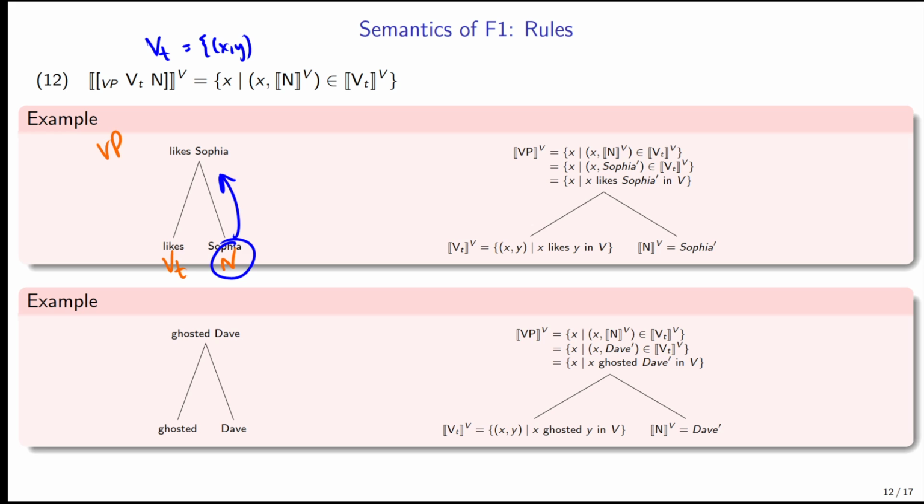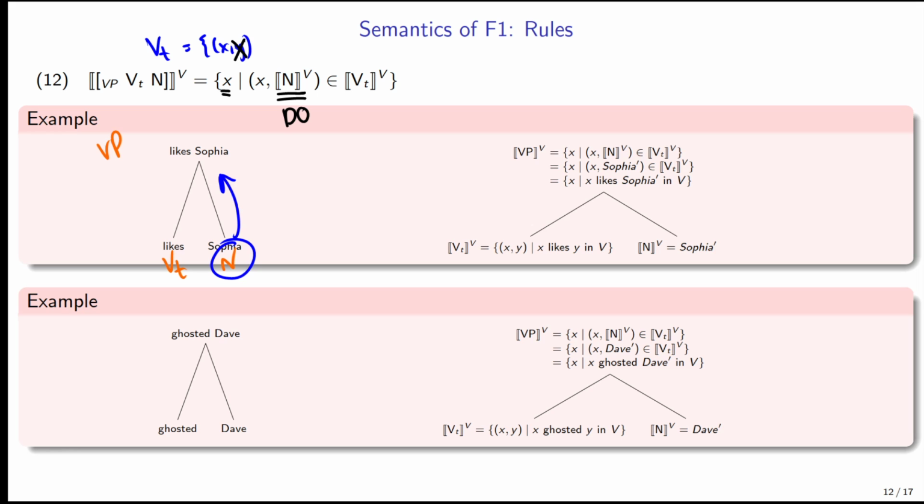At that point, we're no longer looking for our direct object, because we have it. We're only looking for a subject. So the rule for the verb phrase says that now we're looking for the set of x such that x and our direct object, which we know now, is an element of the transitive verb. I like to show an example because I think it makes this rule more clear, and then you come back to the definition and it makes sense how things work.